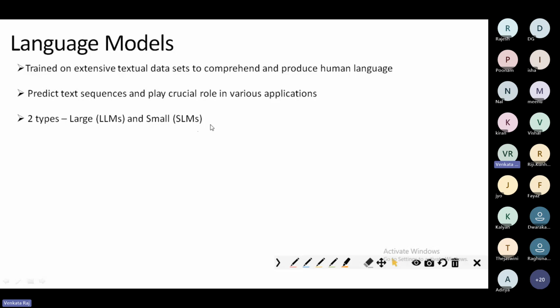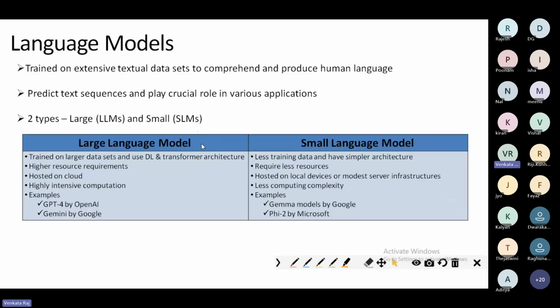Now, what is the difference between the large language model and the small language model? The large language models are trained on larger data sets, and they use deep learning. DL means deep learning, guys. And transformer architecture.